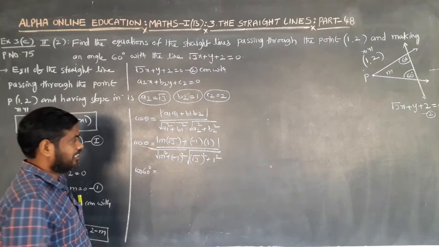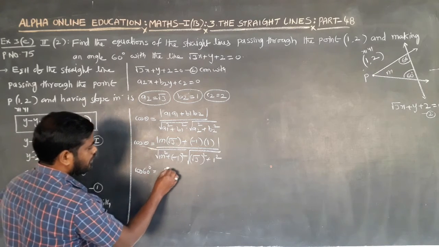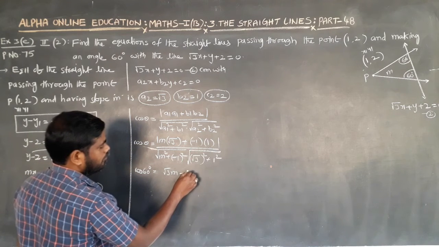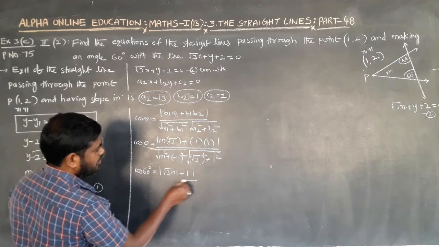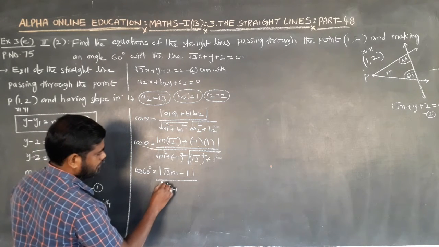Substitute theta equal to 60 degrees, cos 60 degrees. |m·√3 + (−1)·1| divided by √(m² + 1).